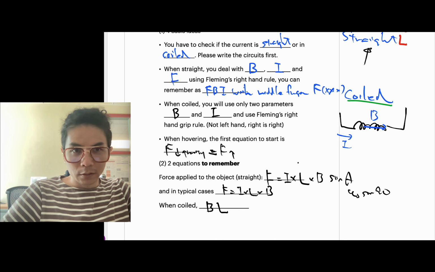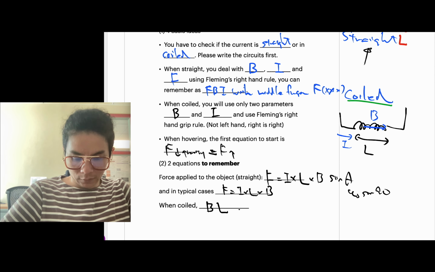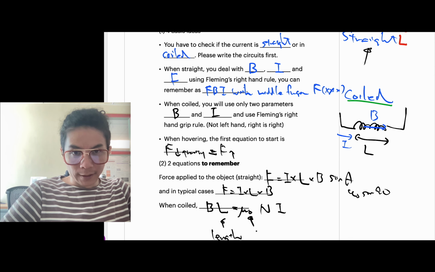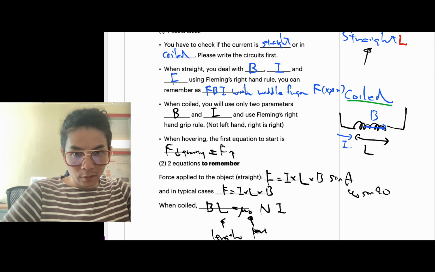B equals mu n I, where I is current, and mu is a constant, what we call the permeability constant.